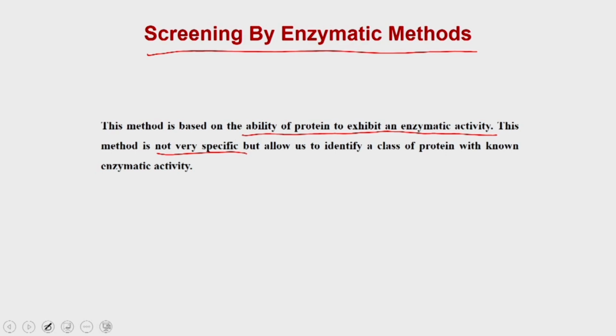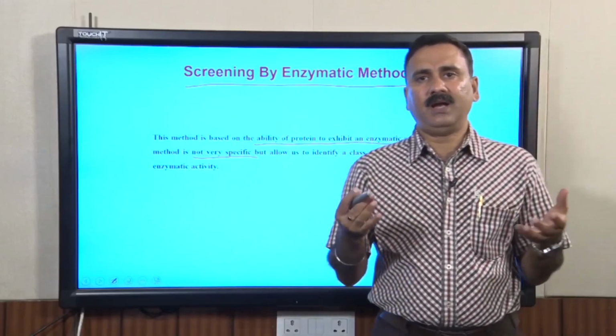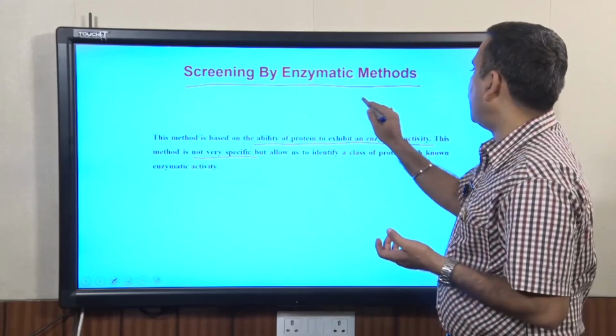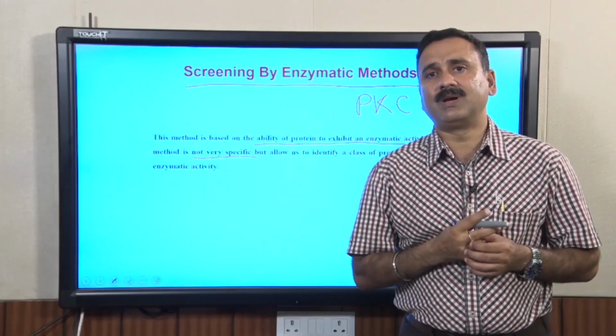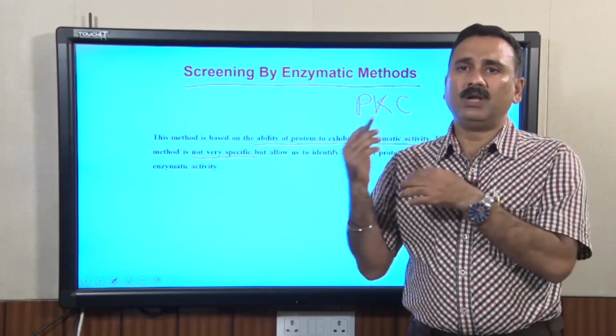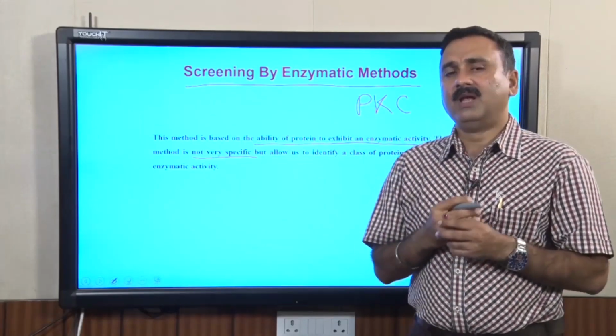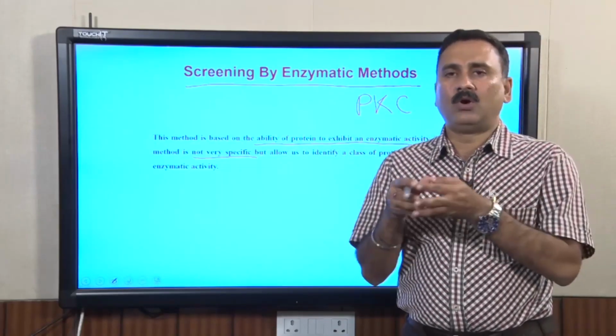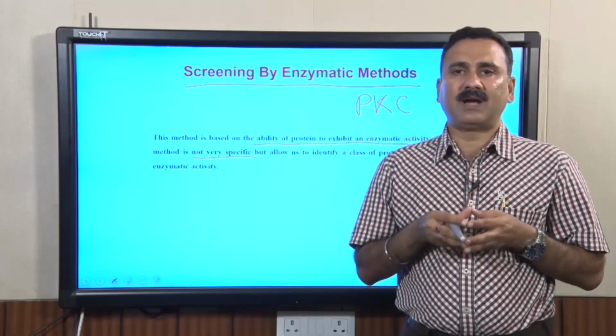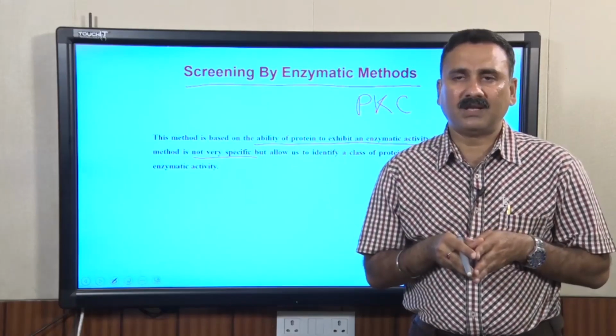For example, if you are looking for a kinase called PKC, which is protein kinase C, but you do an activity assay for kinase, other enzymes are also going to catalyze reactions falling into the kinase category. For example, if you do a reaction for PKC, p38 MAPK and all other classes of kinases are also going to catalyze this reaction.